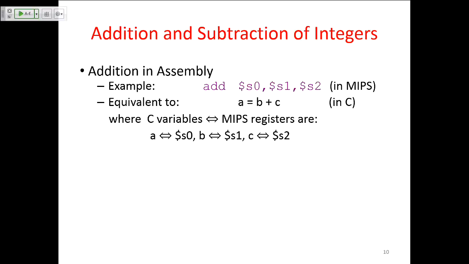So if we look at this code, in MIPS I would write it like this: add $S0 for the target register, S1 for one operand, S2 for the other. In C, that would just be A equals B plus C. A will be stored in S0, B read from S1, and C read from S2. Okay?